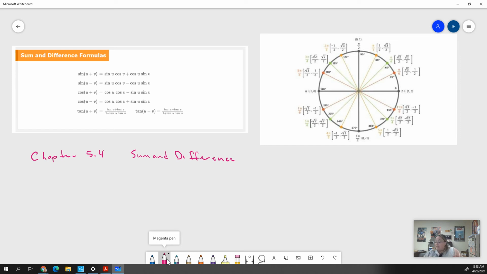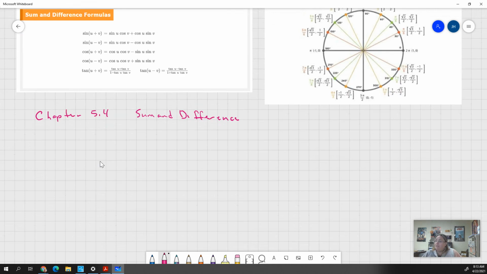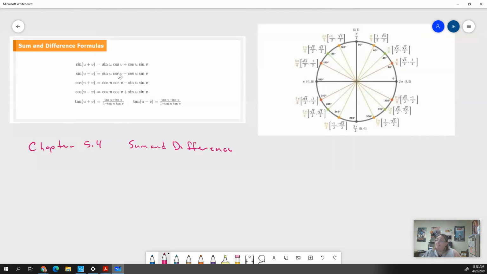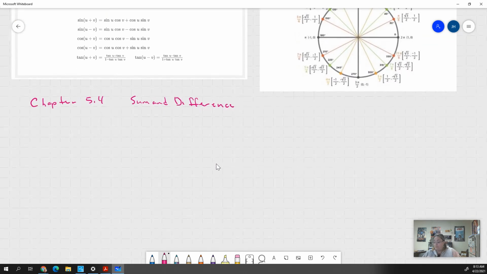So I think that the best way to show you how to do any of this is to just do examples with it. There's not a lot of explanation necessary when you see the examples. So I'm going to go ahead and do a few examples so you can kind of see. And we will be coming back to this chart a lot and back to the unit circle a lot.